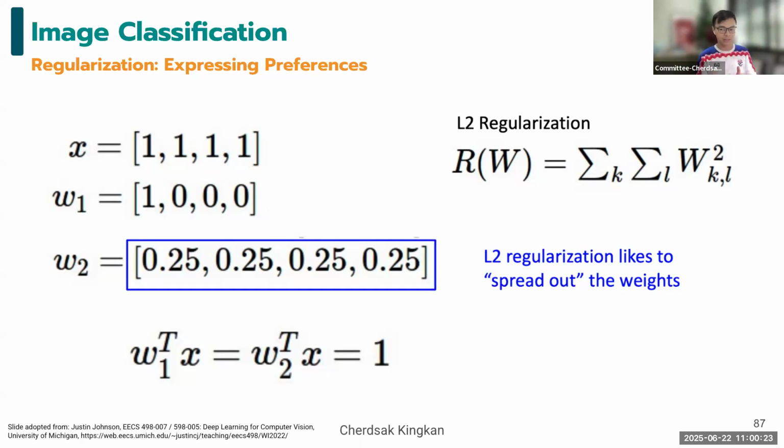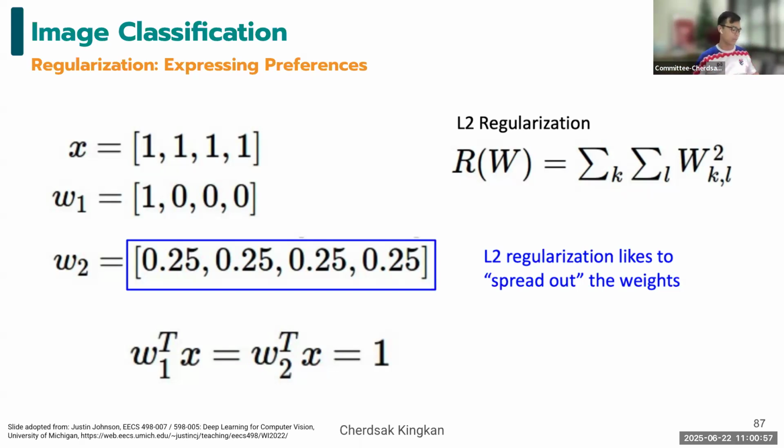But if we choose this W2, it means that we want to spread out the weight. We want the model to look at every feature within the image. All right, so we can add some sort of regularization to tell the models that we want something like this. We don't want you to look at just one feature, but to look at other features as well.